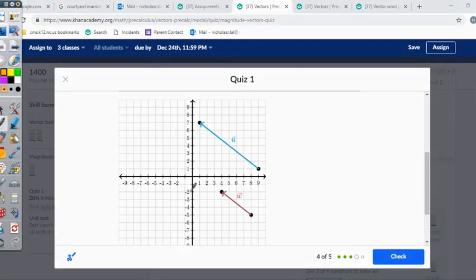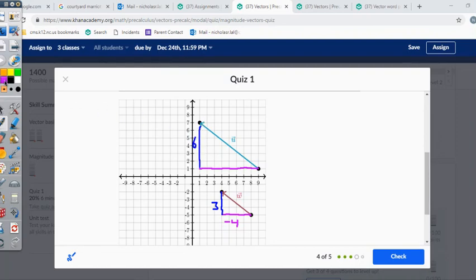Both of these vectors are facing the same direction. This vector w has a horizontal component of negative 4 and a vertical component of positive 3. Well, vector u has a horizontal component of 8 and a vertical component of 6.